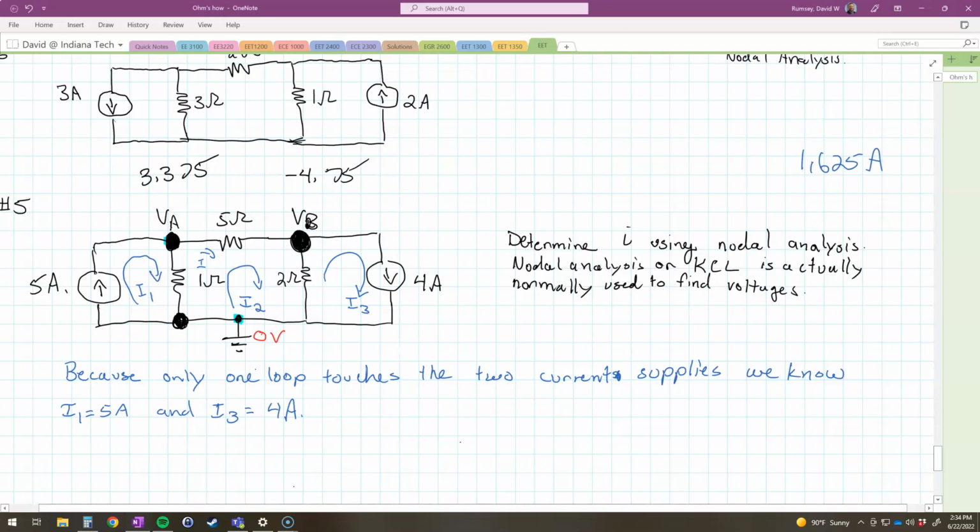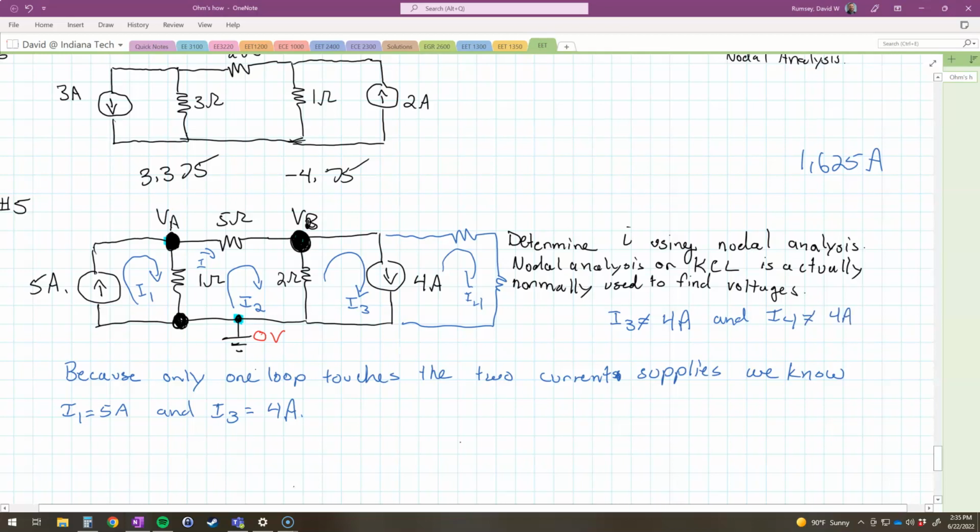Now, I'm going to put this out here. If I had some other components off here like this, there would be another loop here, I4. And now you could not say I3 equals 4 amps and I4 equals 4 amps.